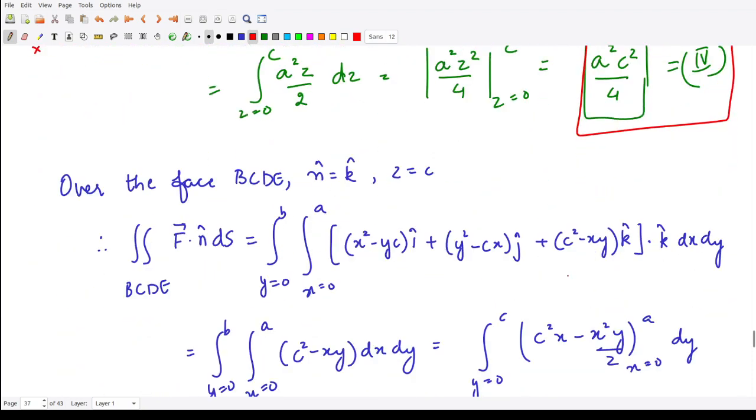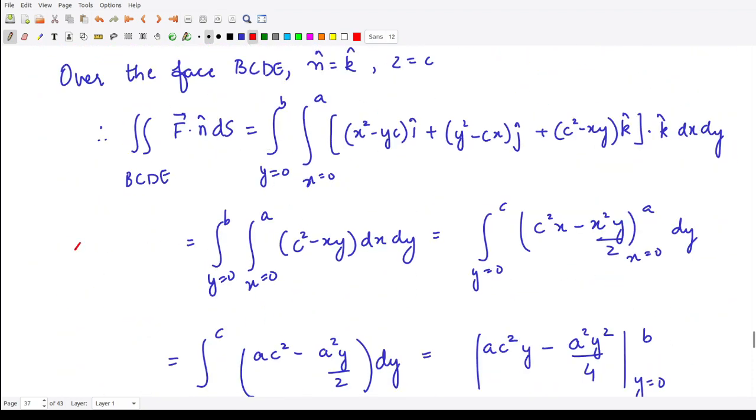And next for the face BCDE. So what is this face? So this face now, this is z, this is y, this is x. So the face BCDE is this one. For this particular face, your unit vector is drawn like this in the direction of z, so n cap is equal to k cap, and here the value of z, this distance from origin, is equal to c, right?